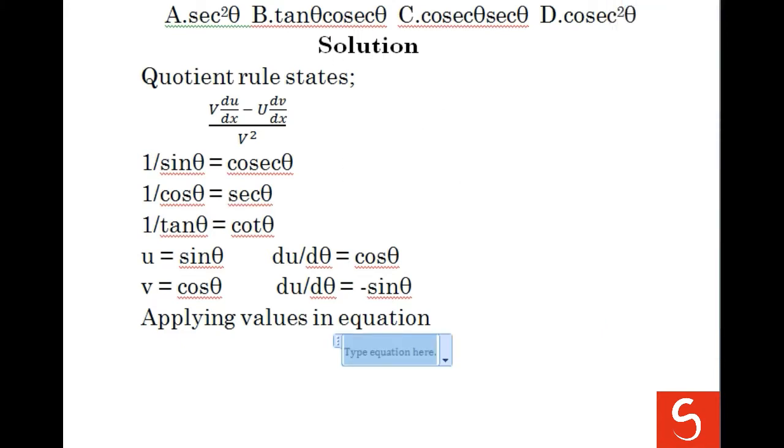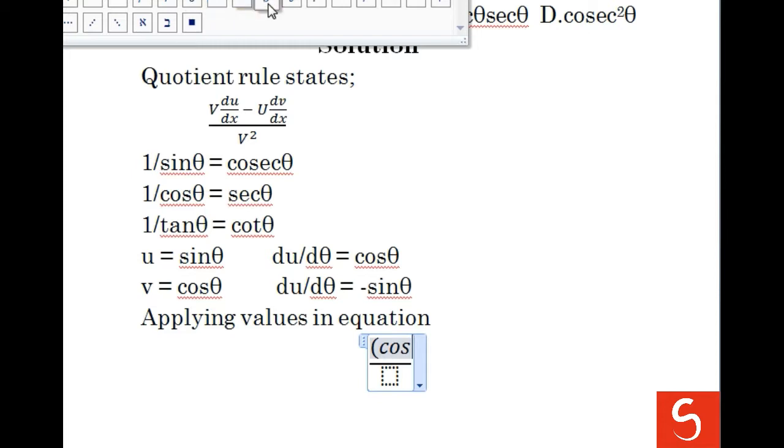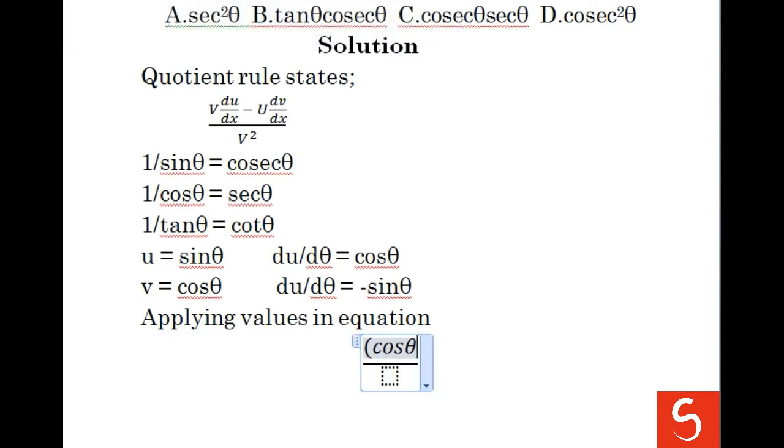So v du d theta, v is equal to cos theta, and du d theta is cos theta also, so we have cos theta times cos theta.